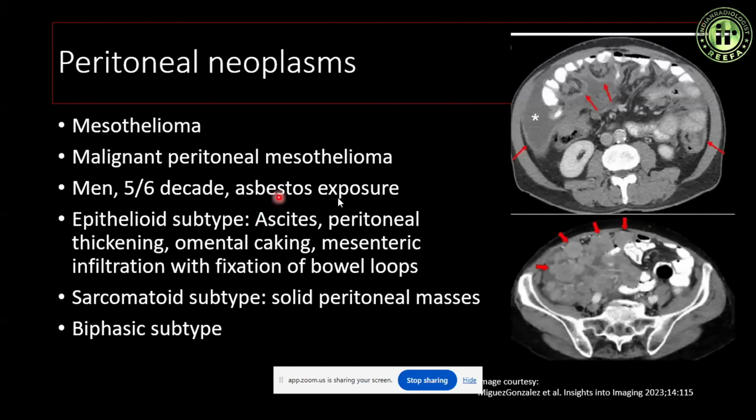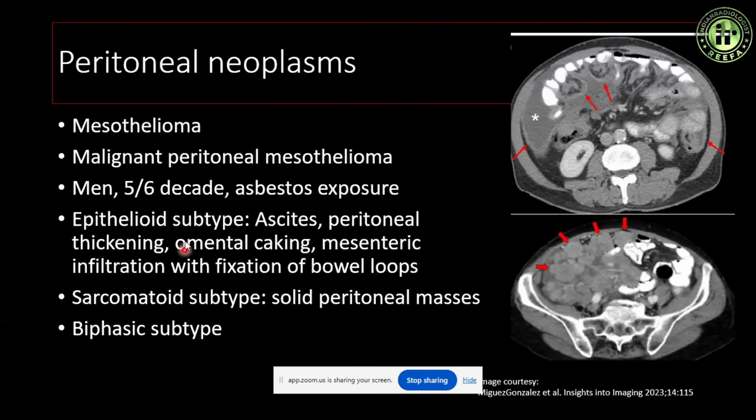So the primary neoplasms, typically the mesothelioma. Unlike the pleural mesothelioma, here in some subtypes there is association with asbestos exposure, while in the other types, which typically affect women, there is no asbestos exposure.